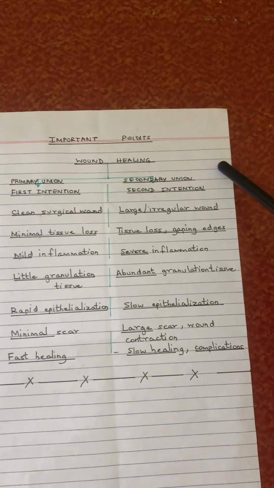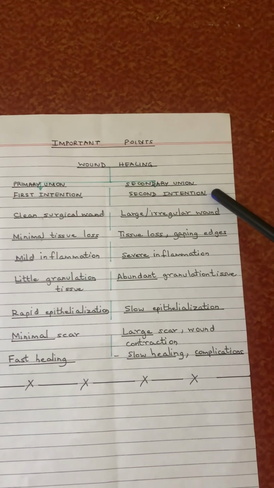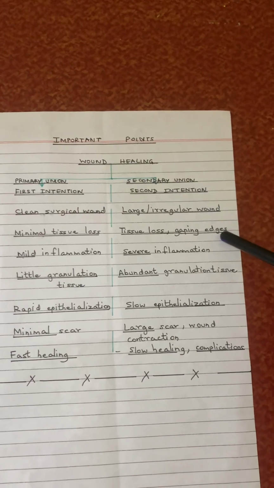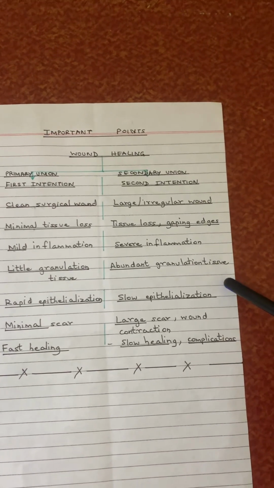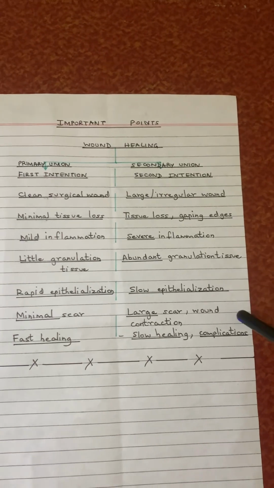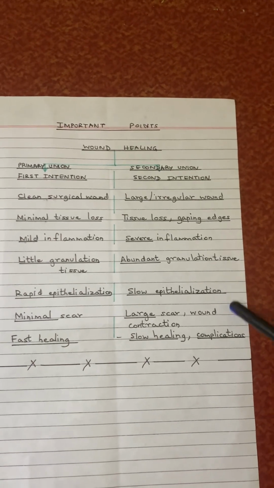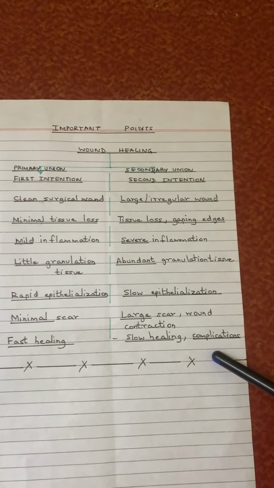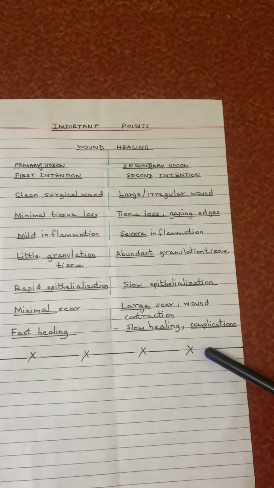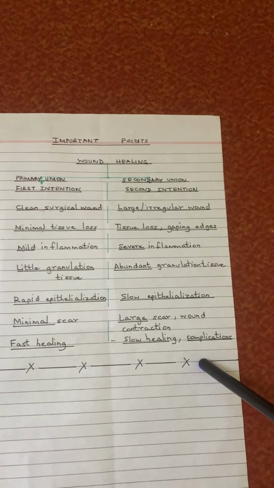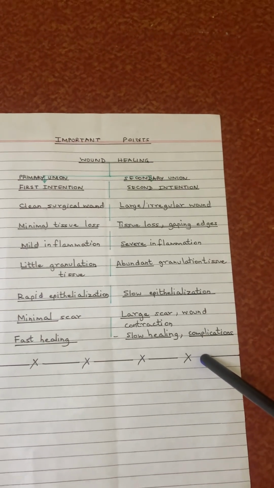In secondary union or second intention, there will be large irregular wound, tissue loss, gaping edges, severe inflammation, abundant granulation tissue, slow epithelialization, large scar, wound contraction, slow healing, and complications. With this, we finish the difference between primary union and secondary union.